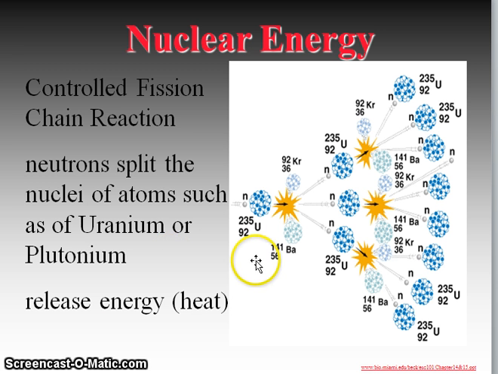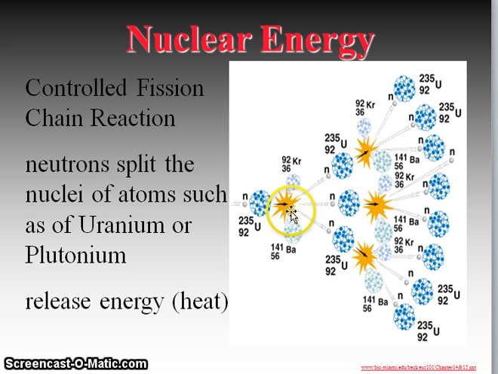This is a diagram of the fission reaction. We have an example of uranium-235, an unstable radioactive isotope, that is bombarded by a neutron, which causes this uranium-235 to split and release energy.